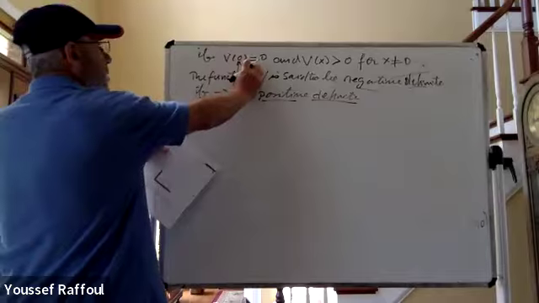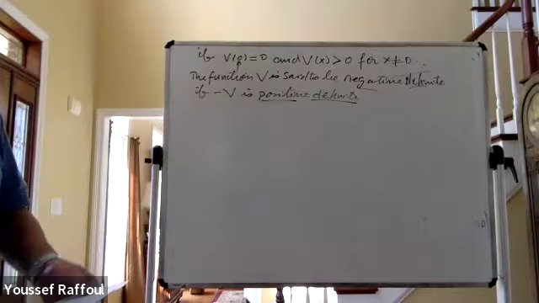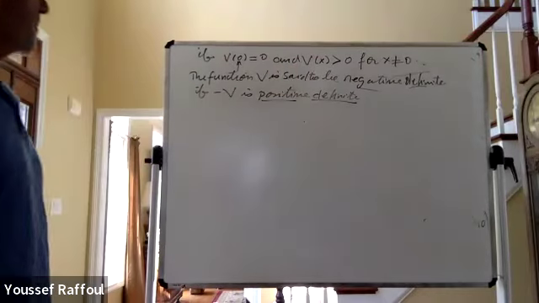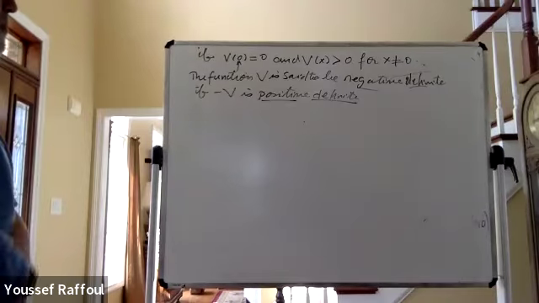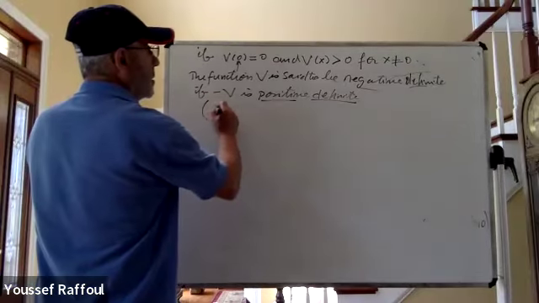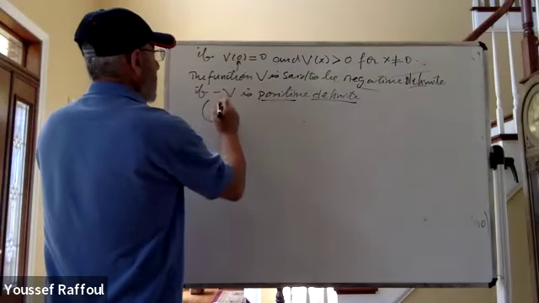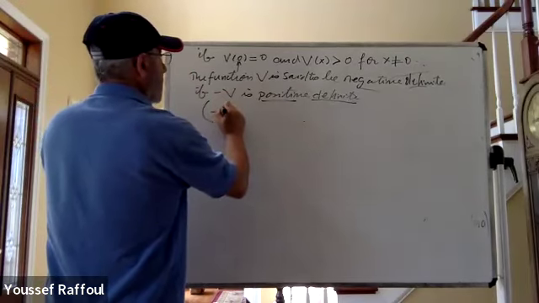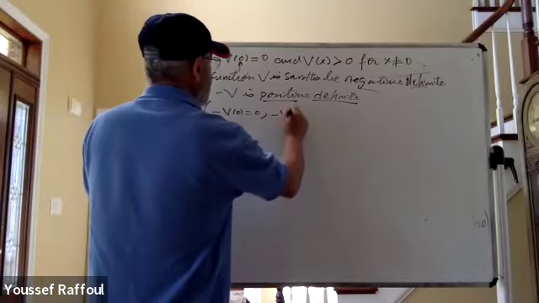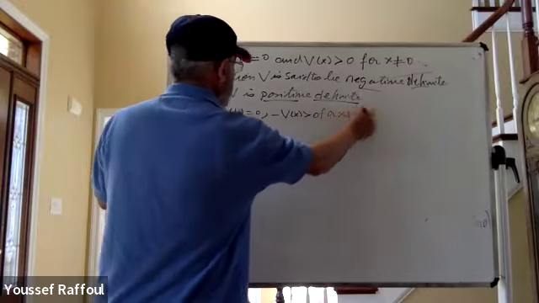That means minus V(0) equals 0 and minus V(x) is bigger than 0 for x different than 0.